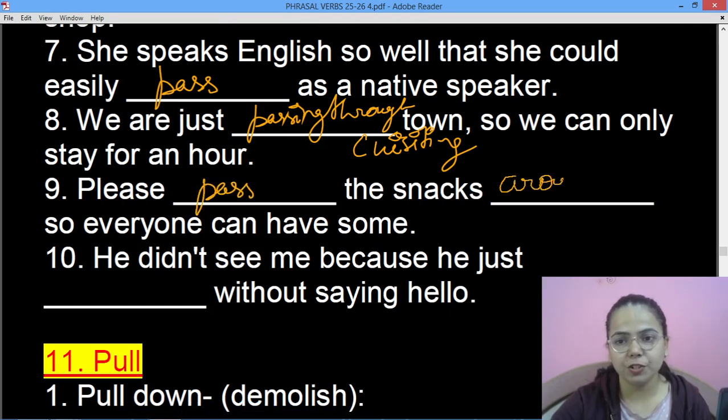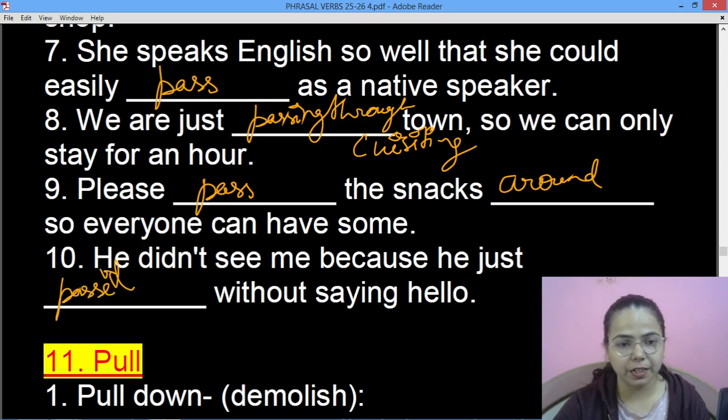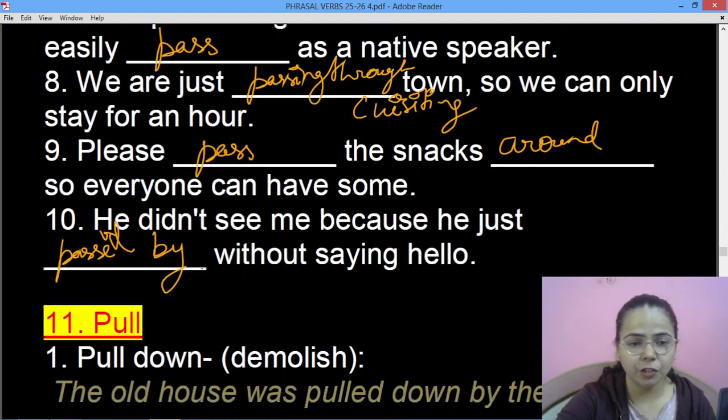Pass around means to distribute. ठीक, and he didn't see me because he just passed by, went past without saying hello. तो it will be passed by. ऐसे करके गुजर गया वहाँ से.